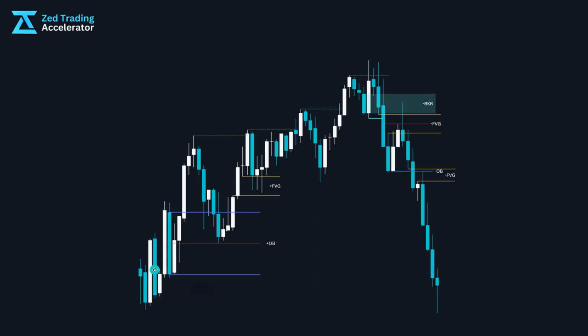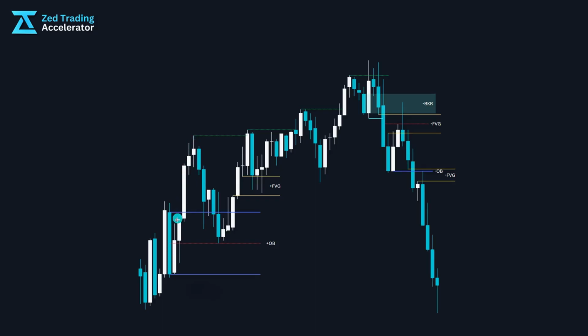We are forming up close candles. Then here we have a down close candle right here. And as we can see right here, price breaks this swing high right here. We have our break of structure going higher.